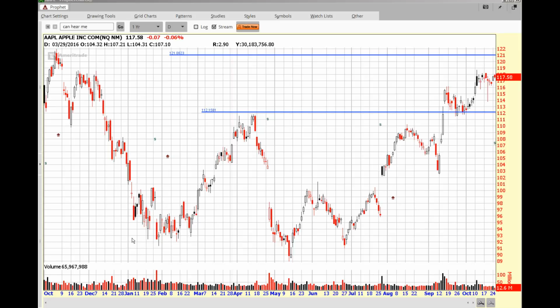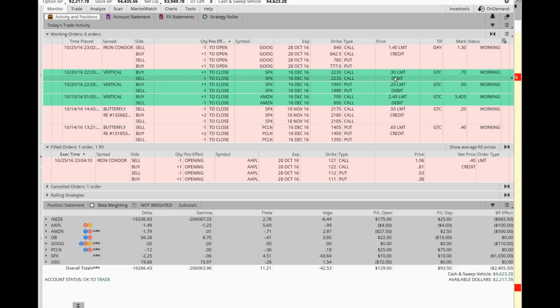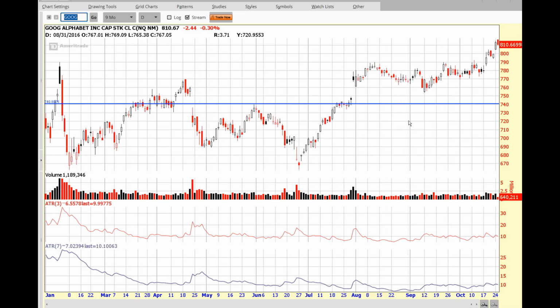So next, we got this trade here, correct? Our trade for Google is the 780 put and 840 call. Let's go and find the Google chart here. Just now, what's the number? 780. 780 is right over here.